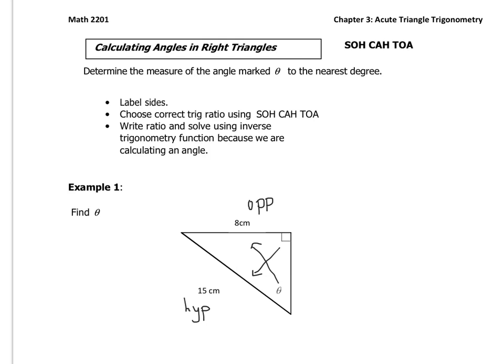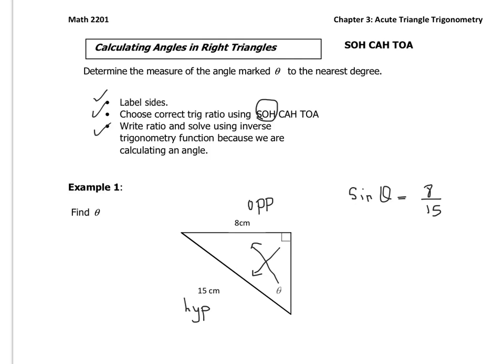So in reference to that angle, we have the opposite and hypotenuse. So we've labeled our sides first. Now we're going to choose the correct ratio. So out of this particular information, we have the opposite and hypotenuse, so we're going to go with sine. And the last step would be to write the ratio and solve. So we've got sine of the angle is 8 over 15.